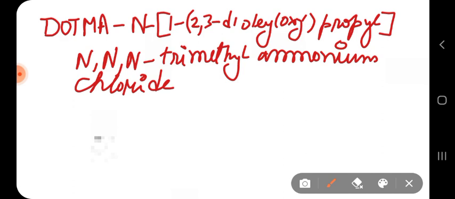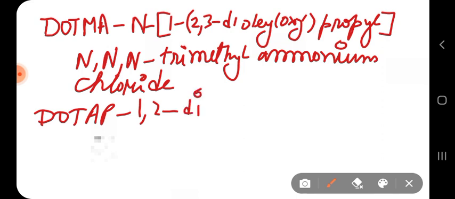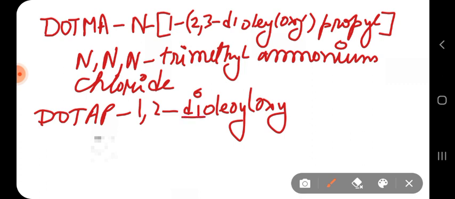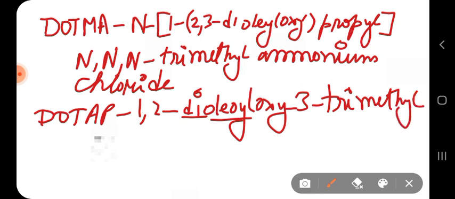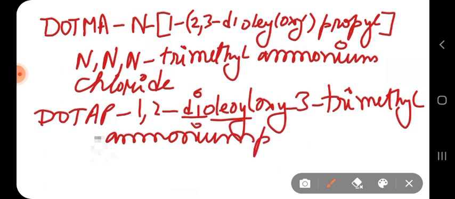Then another reagent is DOTAP. The full form of DOTAP is 1,2-dioleoyloxy-3-trimethylammonium propane.